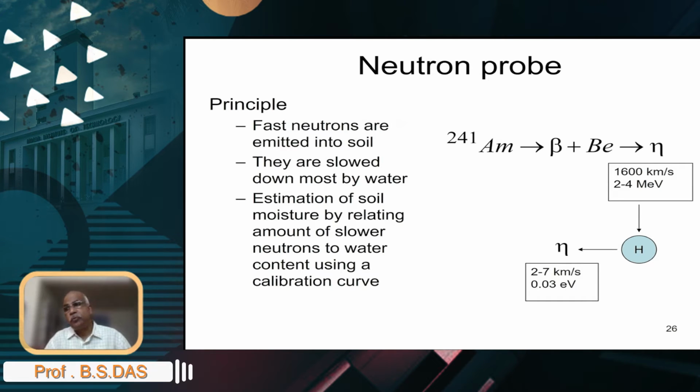The neutron probe is an indirect method. What is done is that the thermalization of fast neutrons by the hydrogen atoms present in the water molecule is used as a principle. Typically about 10 to 50 millicurie of americium 241 is used with a mixture of beryllium in a radioactive device.